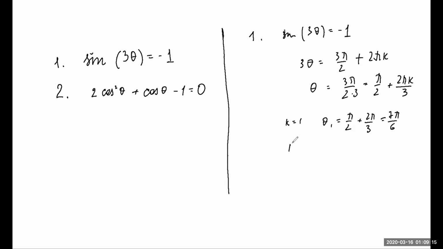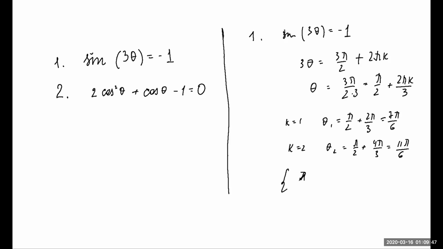So works good for us. K equals 2. Theta equals pi over 2 plus 4 pi over 3. 3 here, 8 here. 3 plus 8 is going to be 11 over 6. Still fits. But that's going to be the last to fit because 11 is very close to 12, and that's almost 2 pi.